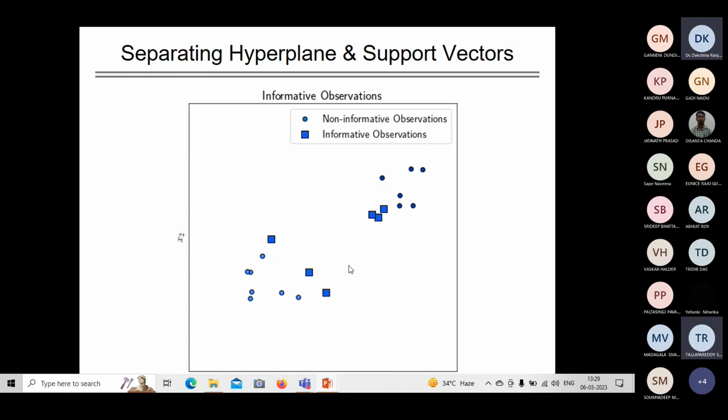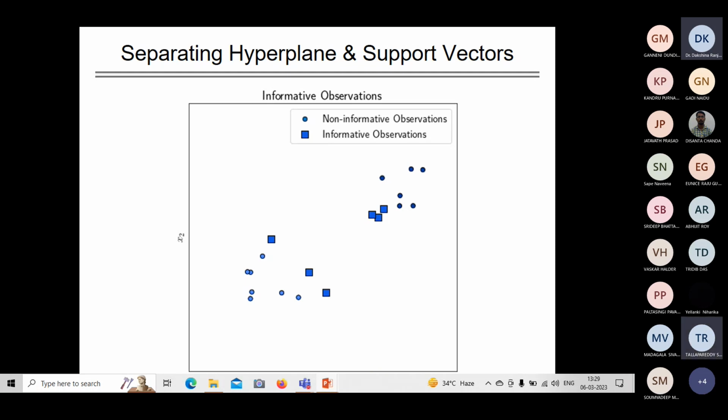Now, in this set of two data points, here we can see that these blue color squares are found to be informative observations, and the rest of the observations are found to be non-informative observations.